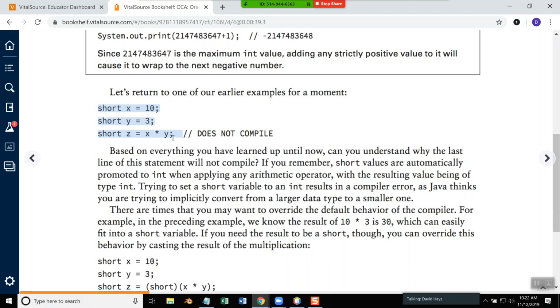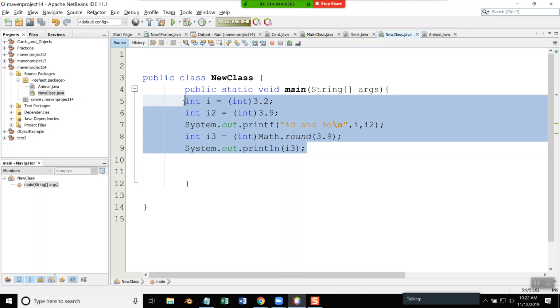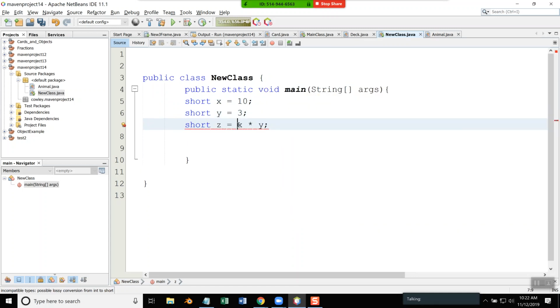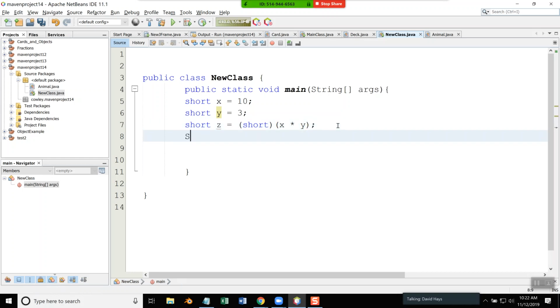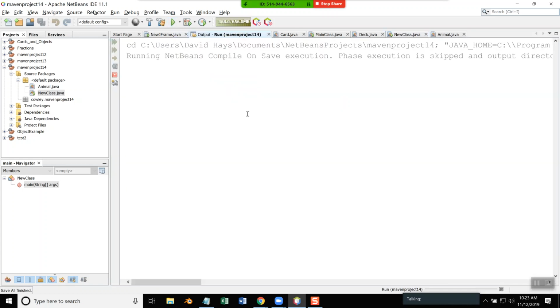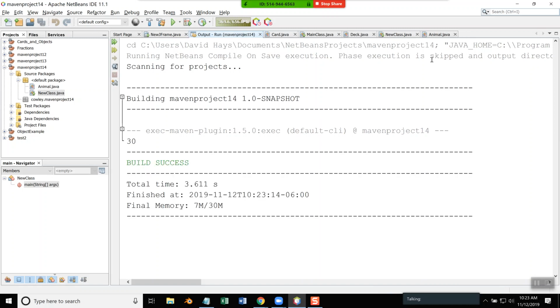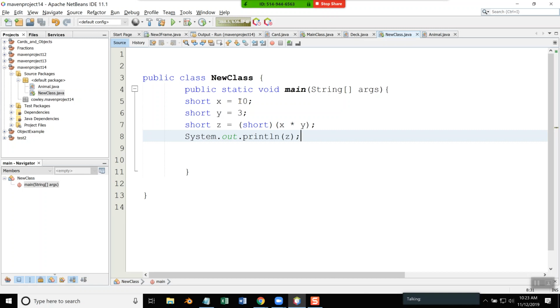And I think what we'd want, we'll read it here in a second. This right here is an integer.